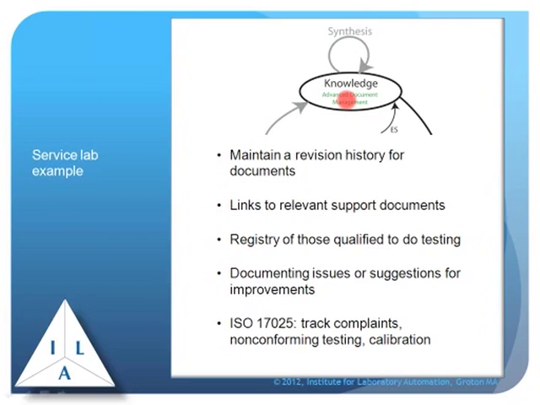This is the same sort of thing we saw in the test execution system. Documents that provide repositories for resolving issues or suggestions for improvements, and also all the things that you need for supporting ISO 17025, the ability to track complaints, non-conforming testing, calibration issues.